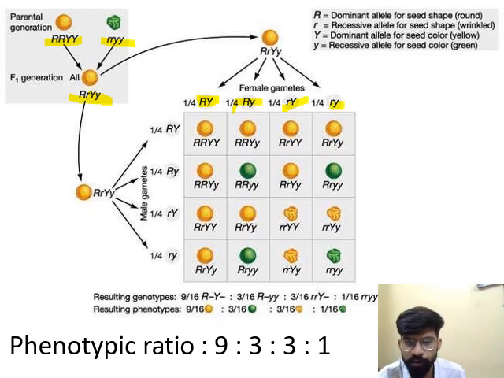These four gametes are from the first parent, and below there are also four gametes from the second parent, and these are crossed to produce the result. You can see in the box.